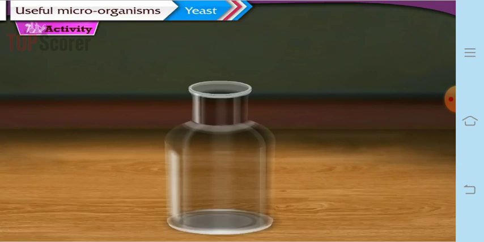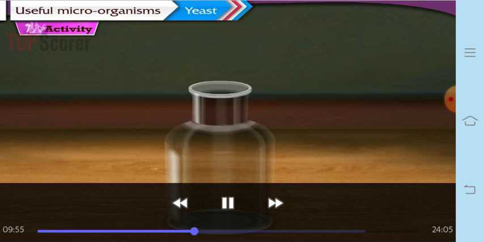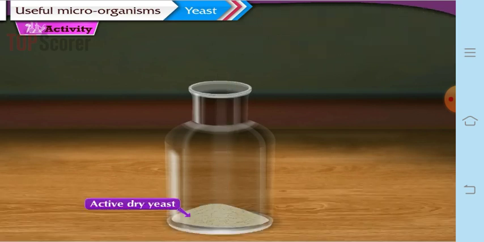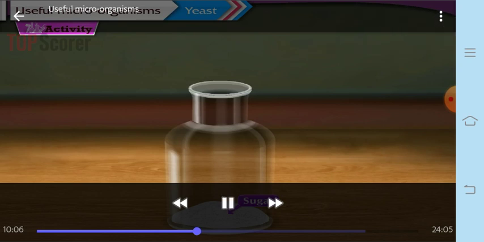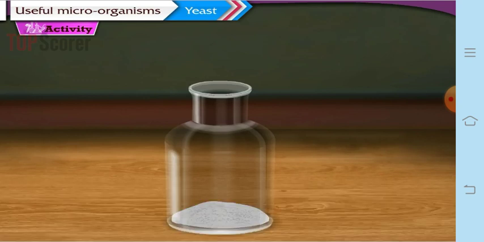So before we proceed, let us perform a simple activity. For this, we require a transparent glass bottle. In that, we are going to add 1 spoonful of active dry yeast and around 2 spoonfuls of sugar. Okay, so why is sugar required? Because yeast likes carbon compounds for its growth, and therefore sugar powder is also added.